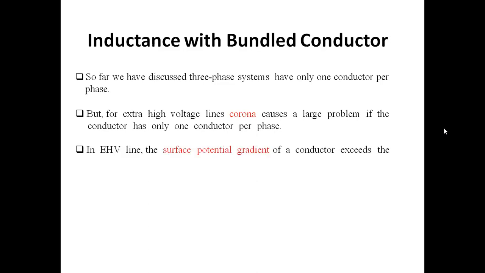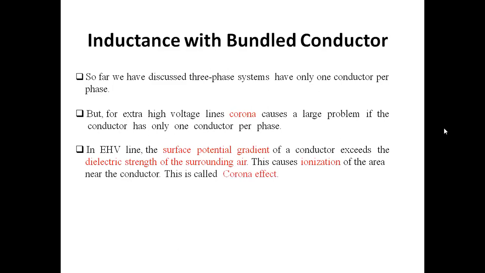In an EHV line, the surface potential gradient of the conductor exceeds the dielectric strength of the surrounding air. This causes ionization of the area near the surface of the conductor, and this effect is called corona effect.